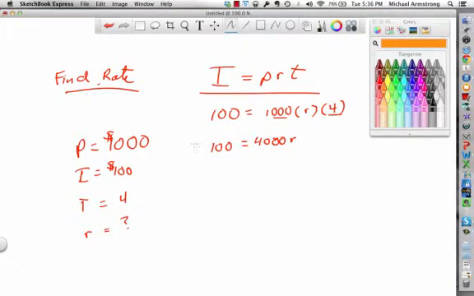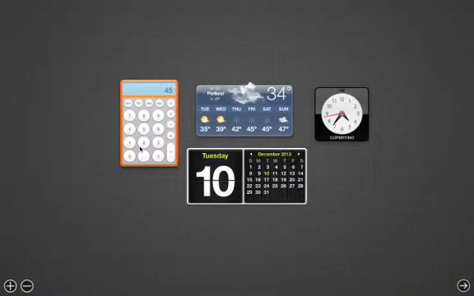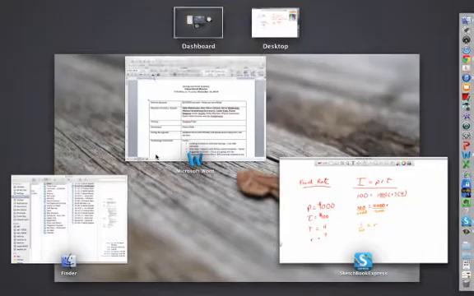I have to solve for R, which means dividing by 4,000. 4,000 over 4,000 is 1, and 100 over 4,000 comes down to 1 over 40 just in my head. So R equals 1 over 40, which is a long division problem. 1 over 40 is the same as 1 divided by 40, which is 0.025.